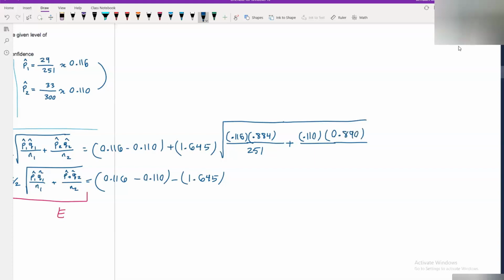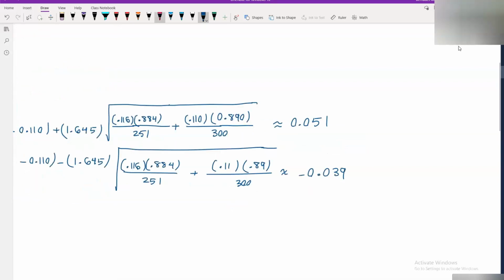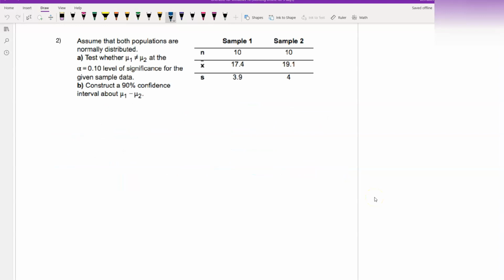You don't need to add a 0 at the end, but since I have all these numbers in 3 decimal places, I'm just writing it so you can see that we did 3 decimal places. So same thing here, I'm just rewriting it. Now on this part we have two sample sizes with the same numbers, 10 and 10.